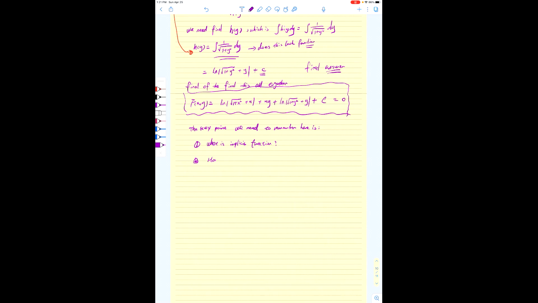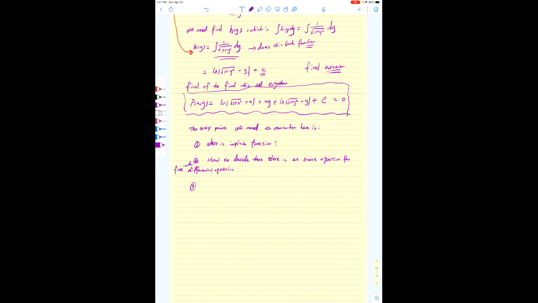Second, how to decide that there is an exact equation for a differential equation, for the first order differential equation.